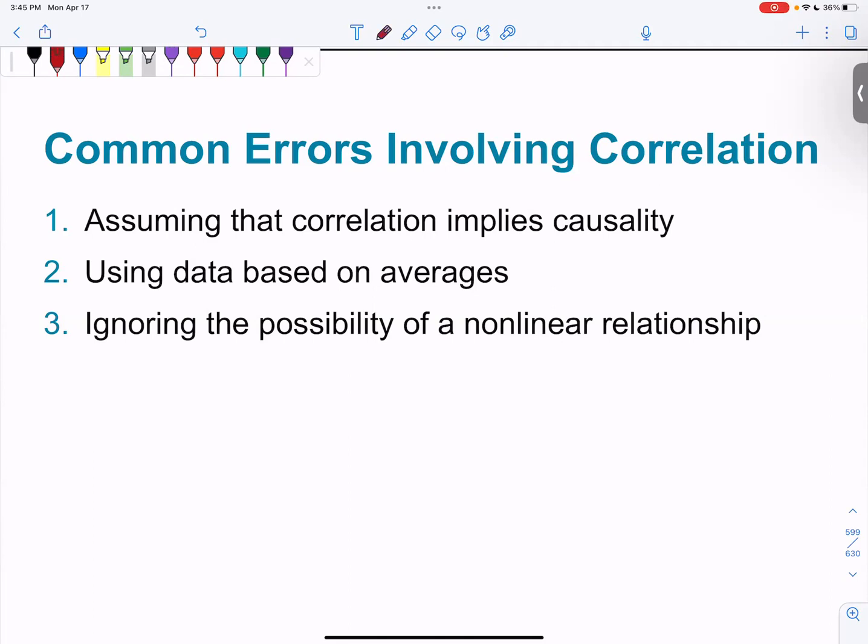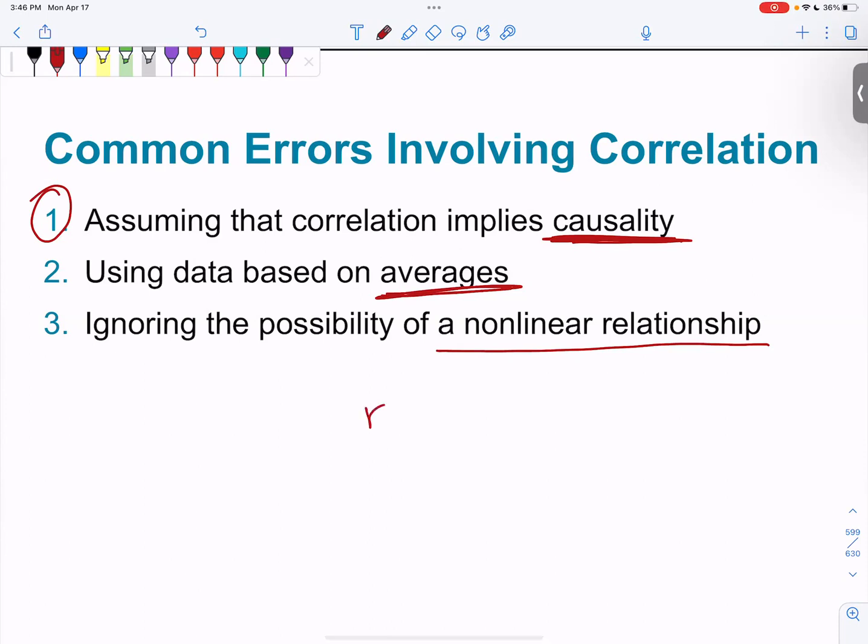So some errors that we make when we study correlation, which is the first one we mentioned, that correlation does not imply causation. And then using the data on averages, okay? And then ignoring the possibility of nonlinear relationship.